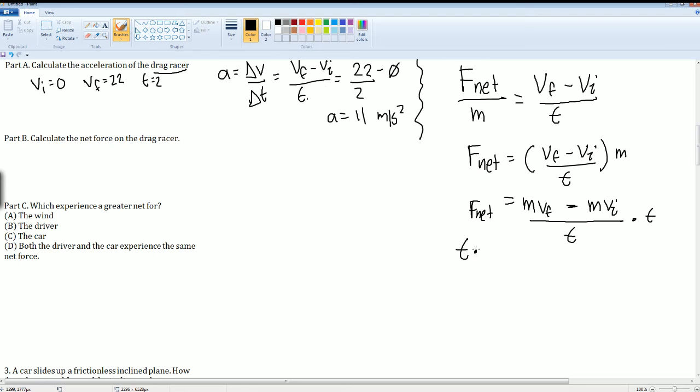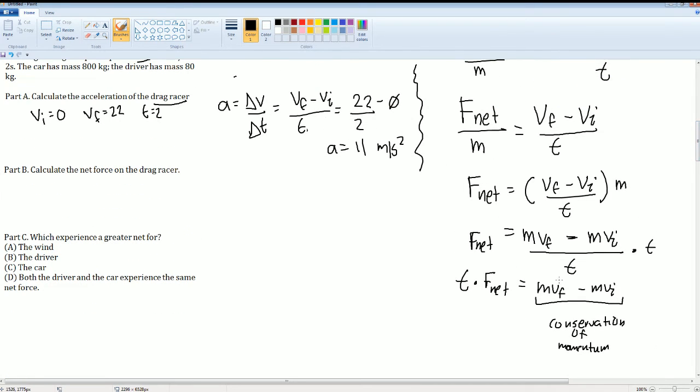So time times the force net is equal to m v final minus m v initial. This is the rule of conservation of momentum. This is your next section. Interesting, it pops out here from the F-net equation. That's just something interesting. If you work around with the derivation, you're going to see a lot of interesting things pop up.